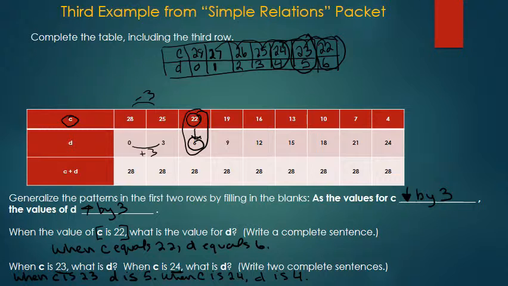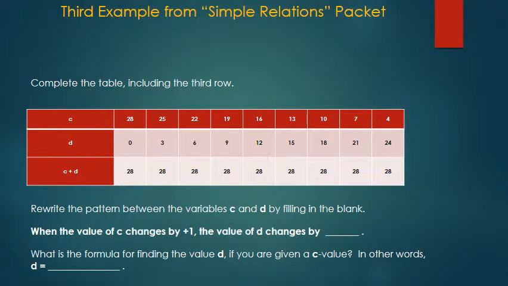Now we're going to move to one more slide and answer a couple more pattern-related questions. Here it says, rewrite the pattern between the variables C and D by filling in the blank. When the value of C changes by +1, the value of D changes by.